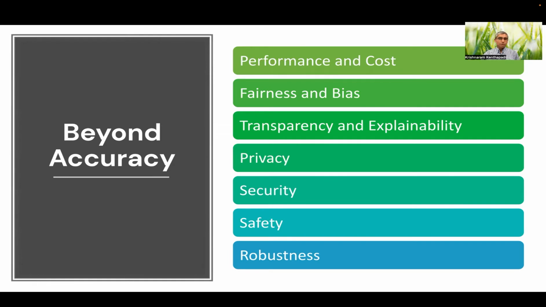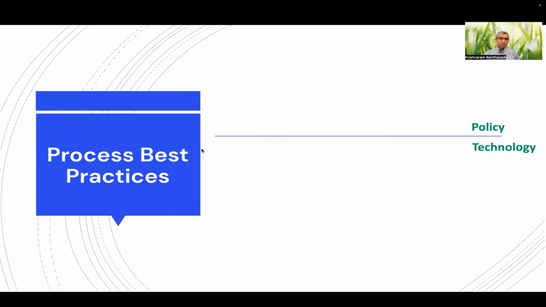First of all, how do we go about approaching fairness or bias in a practical setting? So here there are two broad notions. One is from the perspective of the policy aspects, and the second is from the perspective of technology aspects.